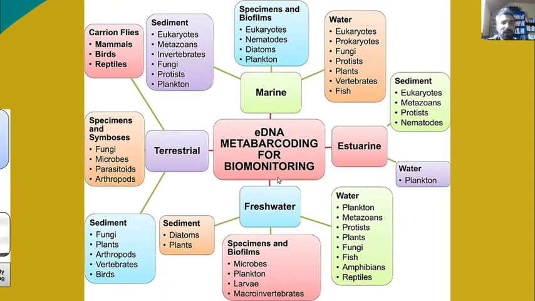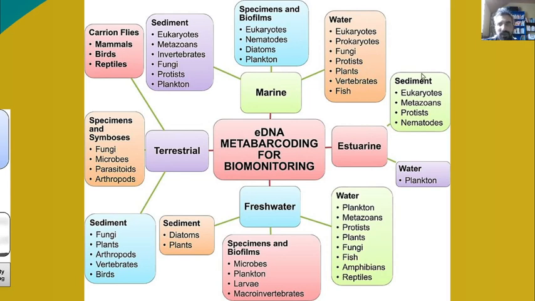So when you want to do biomonitoring, you can do it in every ecosystem, even in space actually. For example, for marine sediment, you can take some biofilms. You will have specific organisms in water, also in sediment, etc. And then in water, if you want to target vertebrates, just take some water.